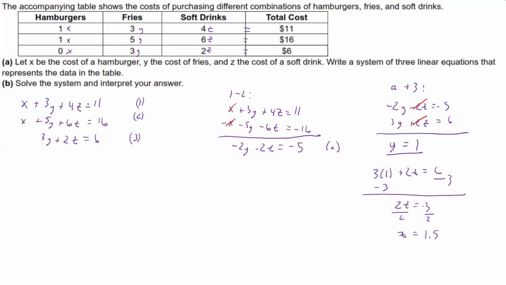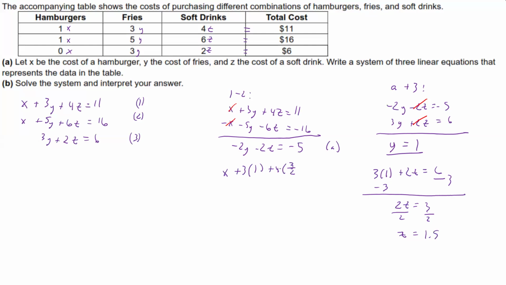That's our z. Now we can plug this back into either 1 or 2 and solve for x. If we plug it into 1, then we have x plus 3 times y, which we said was 1, plus 4 times 3 halves. It might be better to use the half because we can cancel.